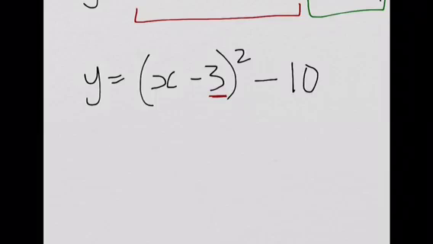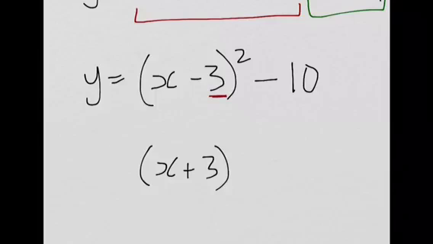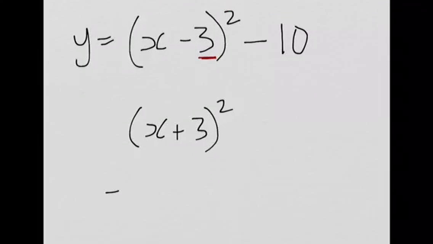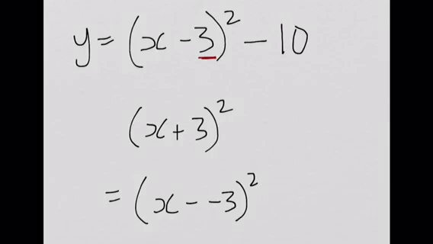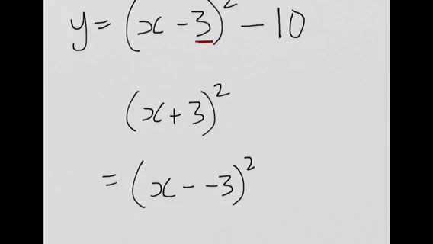If for example we had x plus 3, all squared, that would be equal to x minus negative 3 all squared, because this negative would come from the form itself and this negative would be part of the h value. But in this case we have the negative 3 here. The negative comes from the form of the equation, so our h value is just 3.